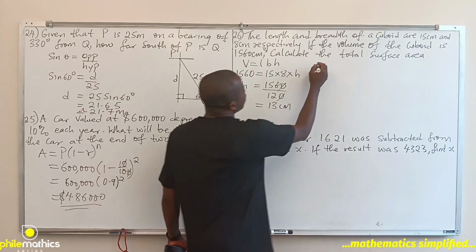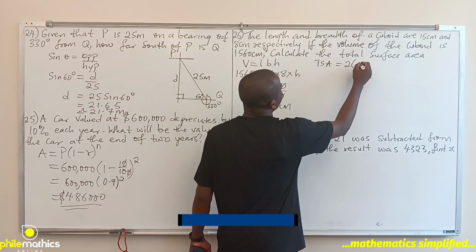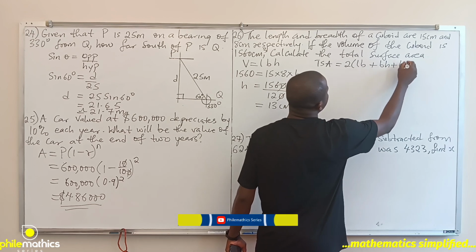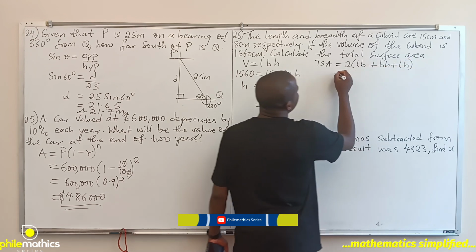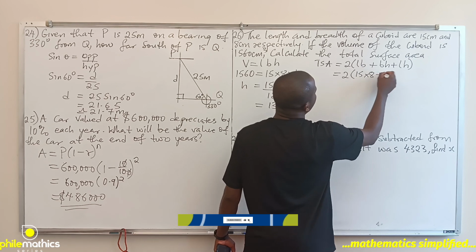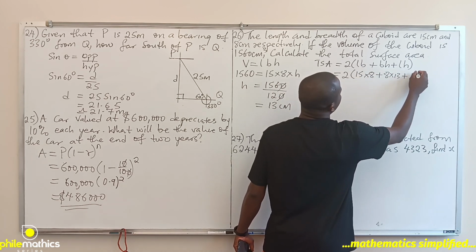Now, the total surface area of a cuboid is 2 times length times breadth plus breadth times height plus length times height. So it will be 2 times 15 by 8 plus 8 by 13 plus 15 by 13.